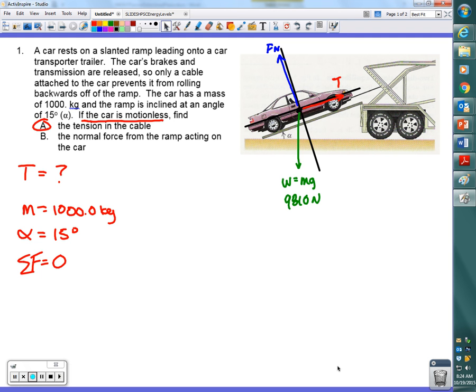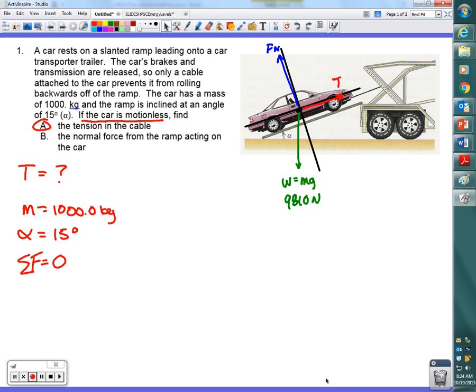Now my tension force is on my x-axis, okay? And that means that the y-axis is perpendicular to the surface, and the x-axis is parallel to the surface. Okay? That good? But the ideas of equilibrium still have to hold true.